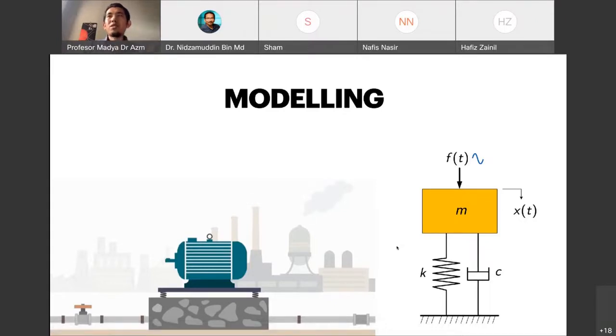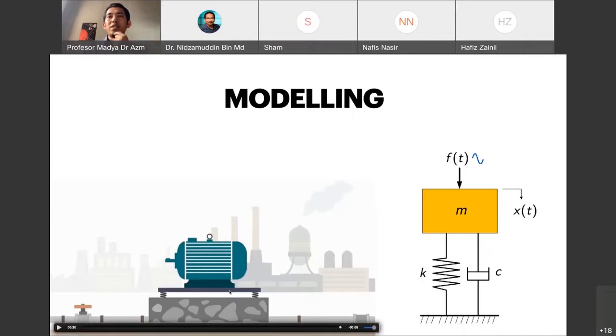Very simple model, and we assume this is a single degree of freedom system. Single degree means in this simple model, we assume the machine only has vertical motion. But in reality, it's not as simple as vertical vibrations, because the machine can go up vertically, can also rock horizontally, and can also rock axially if it is coupled.